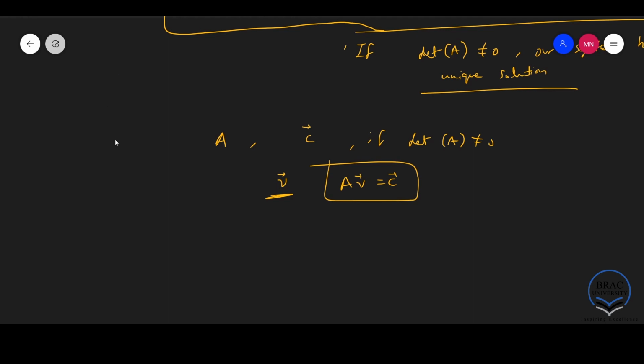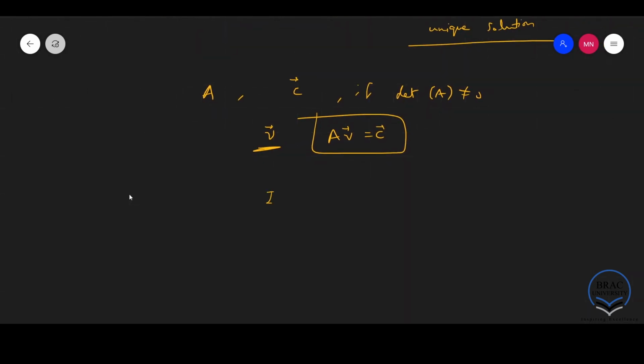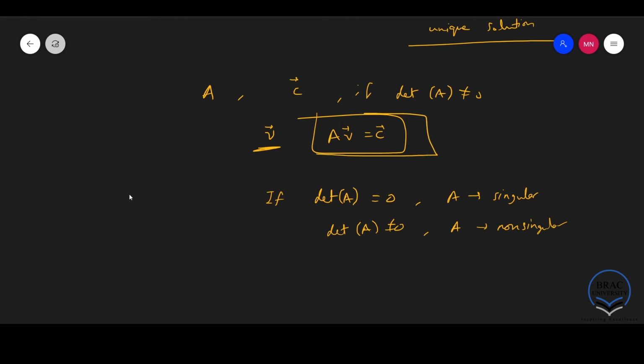And just as a reminder, I should also mention that if the determinant of a matrix is equal to 0, then A is a singular matrix, and if it is not equal to 0, then A is non-singular. So a system like this, where AV is equal to C, will have a unique solution. So we will have a unique solution if A is non-singular.